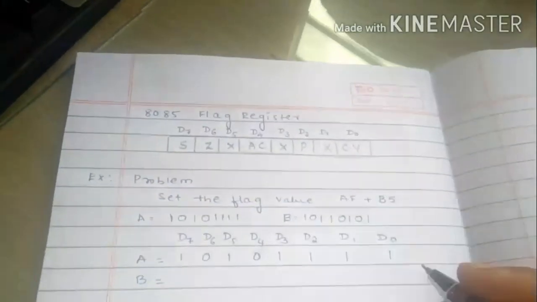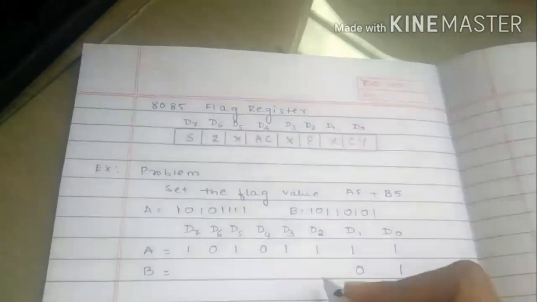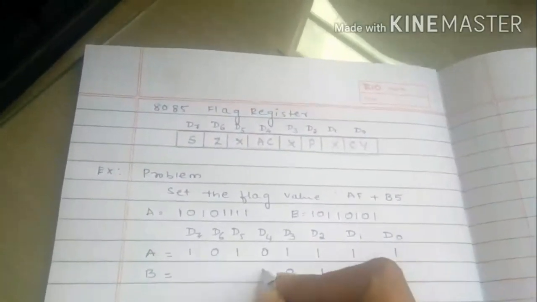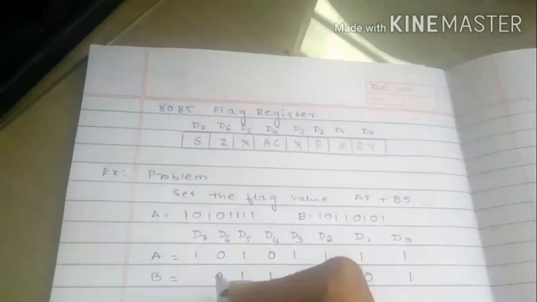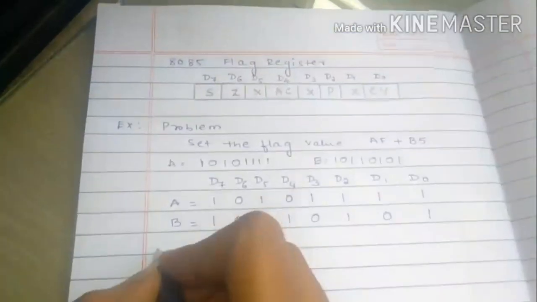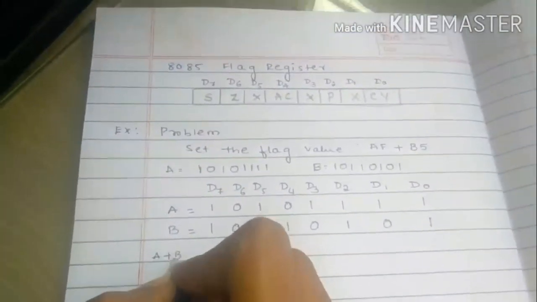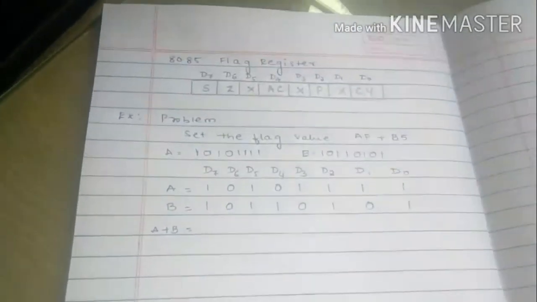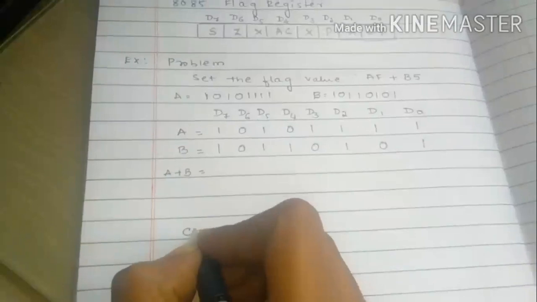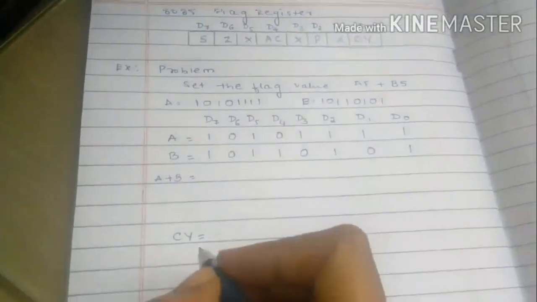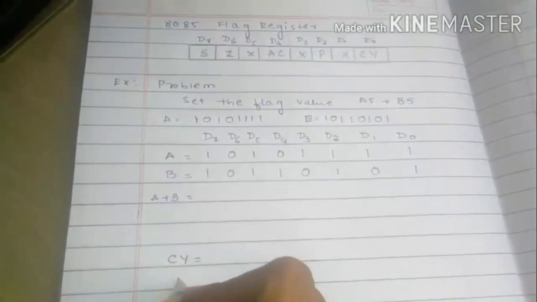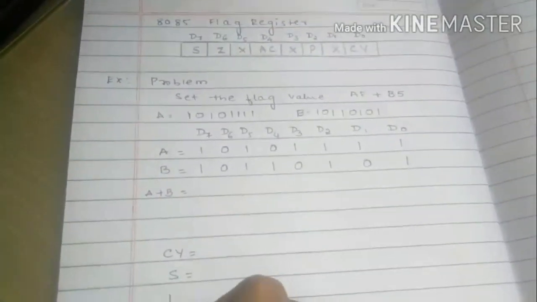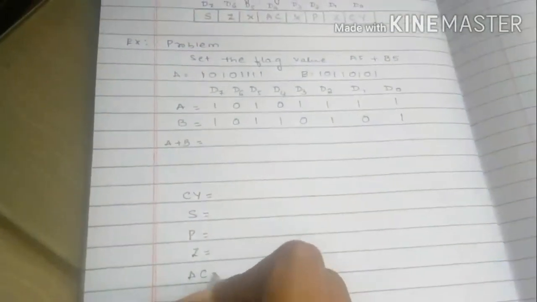In a similar way, we write the B value: 1, 0, 1, 0, 1, 1, 0, 1. Next we have to find the addition of A and B. When I perform the addition, I'll be able to calculate the CY value, and next the S value, P value, Z value, and AC value.